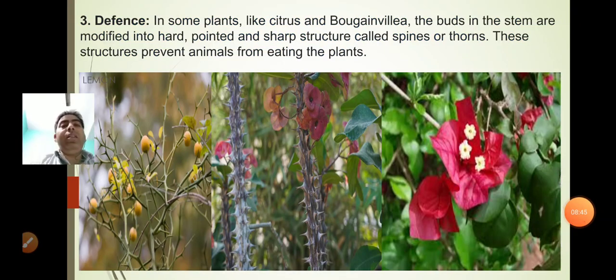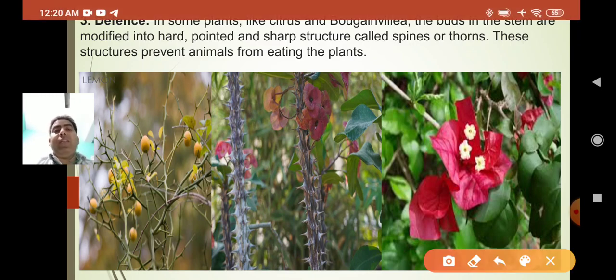The third modification of stem is for defense. In some plants like citrus, which are sour in taste, lemons are sour in taste. Guava also contains vitamin C, that is a citrus.